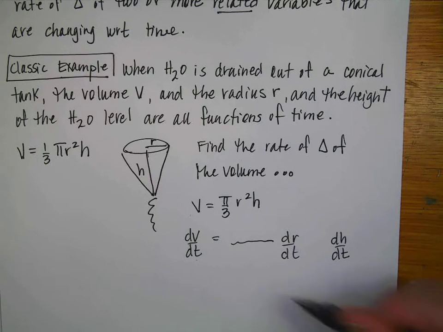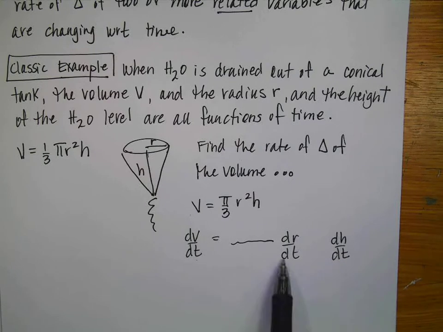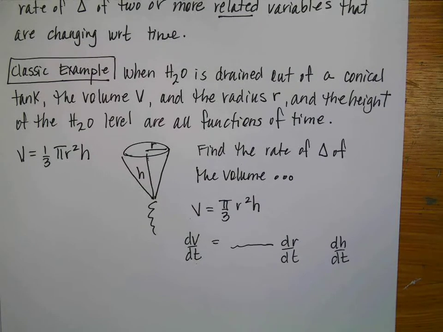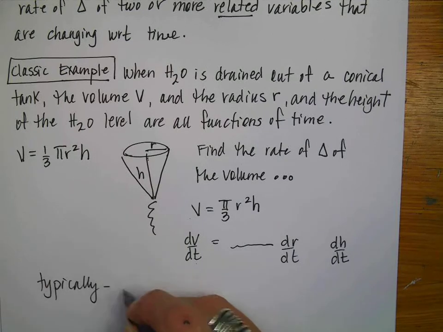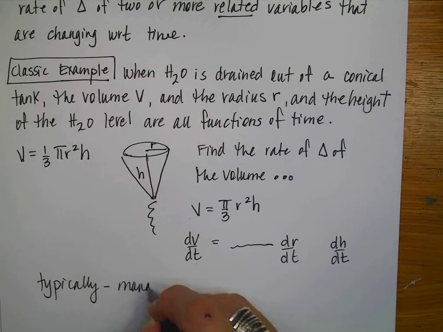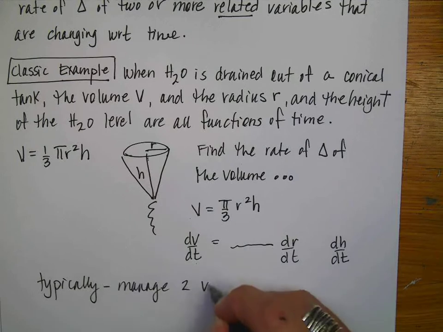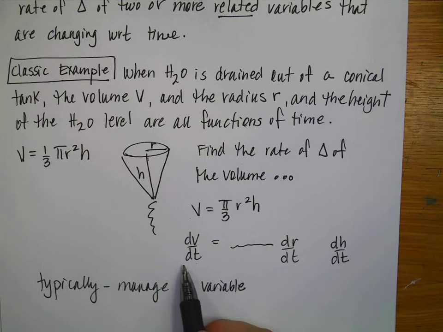So in a problem like a related rate, what we would do is we would solve for one of these rates and we would have other equations that help us to minimize the number of variables. Typically, not always, but typically, we're only going to manage two variables so that I only have two different rates.